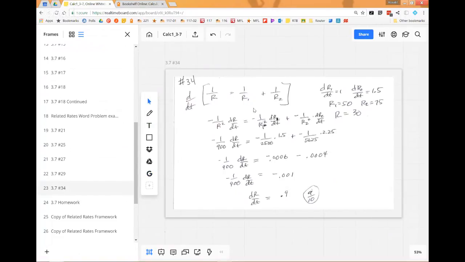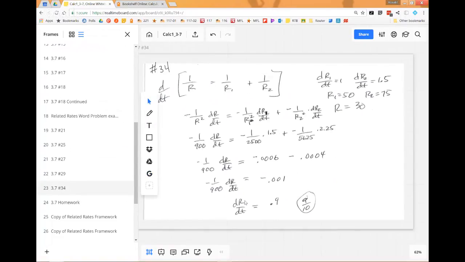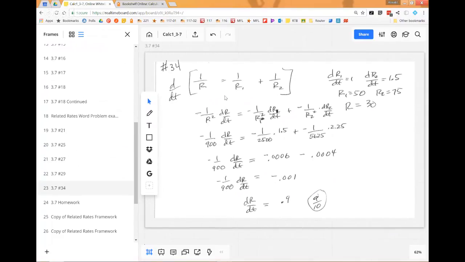So there's our equation: 1 over R equals 1 over R1 plus 1 over R2. We are given that dR1 over dt is 1, dR2 over dt is 1.5, resistance 1 is 50, and resistance 2 is 75.